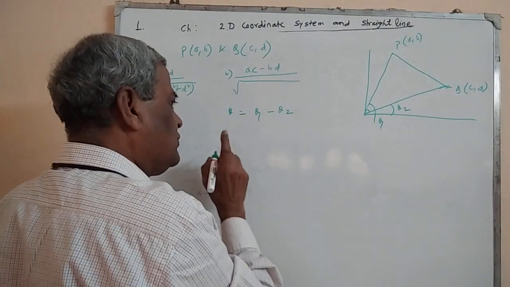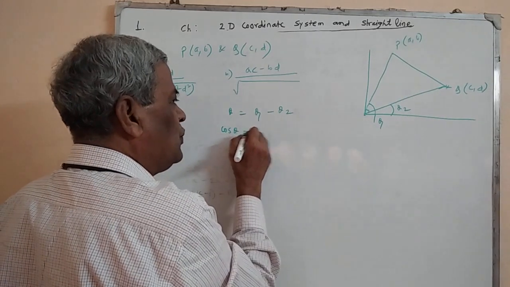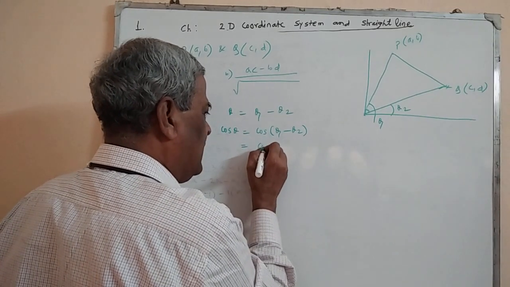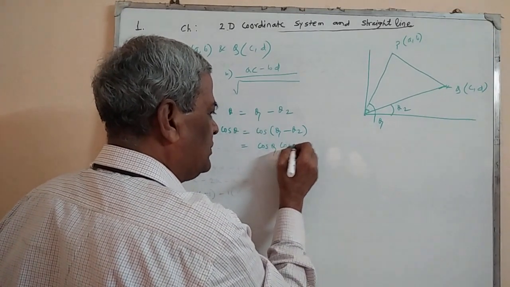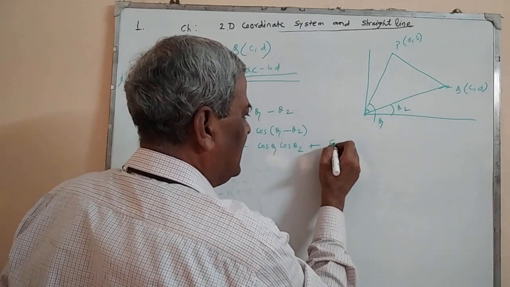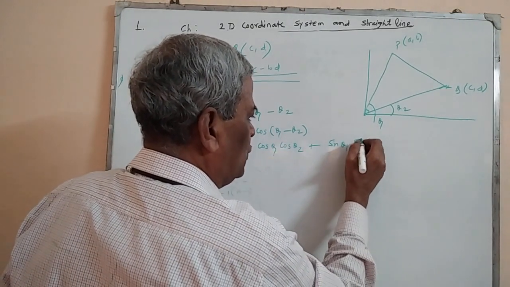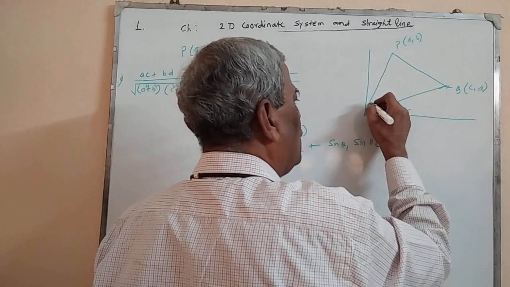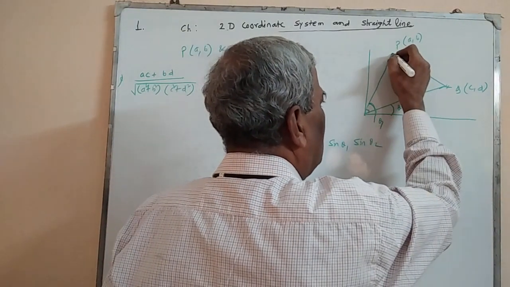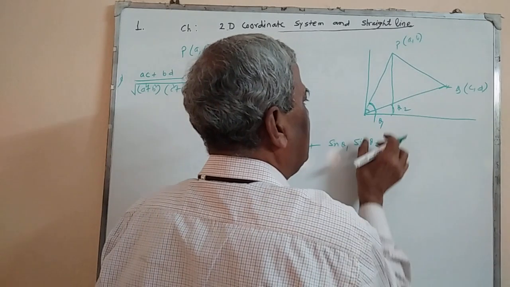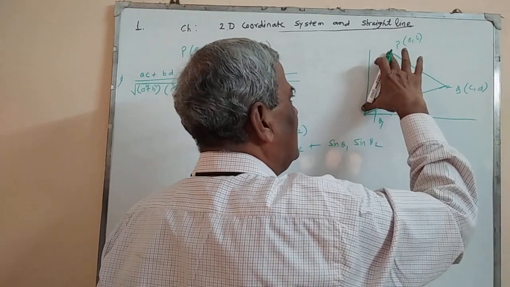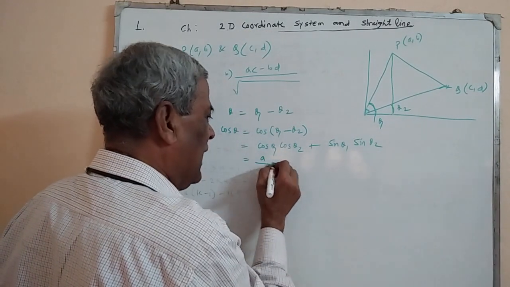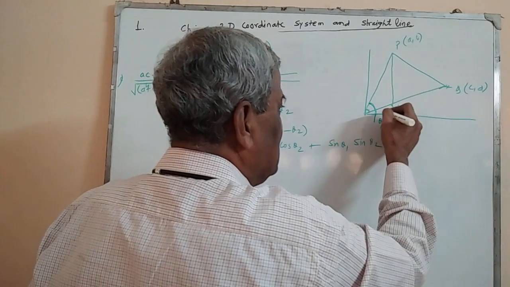I want cos theta. Cos theta is equal to cos of (theta 1 minus theta 2), which is cos theta 1 cos theta 2 plus sin theta 1 sin theta 2. Now, what is cos theta 1? If we draw the perpendicular, cos theta is base divided by hypotenuse.